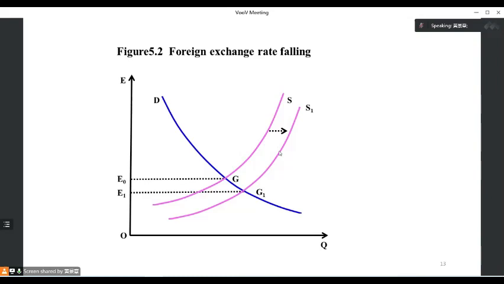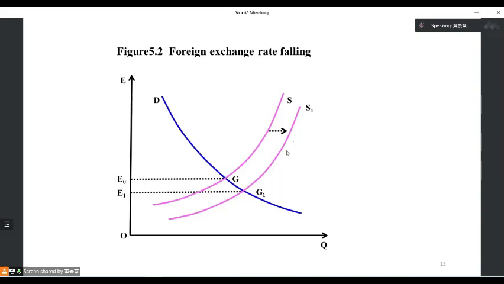And when the supply of foreign currency moves from S to S1, it means foreign currency is put into one country's foreign market more than expenditure.